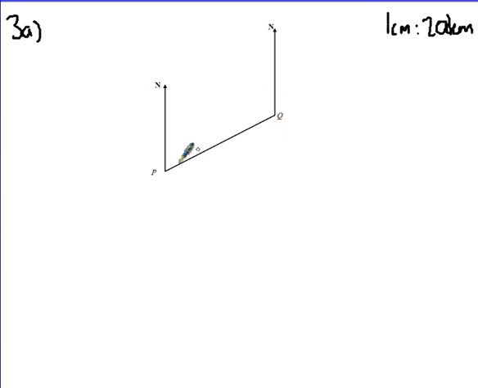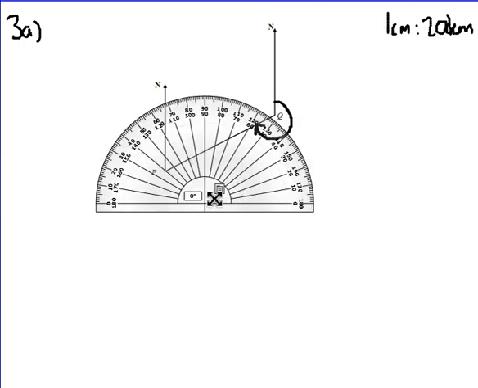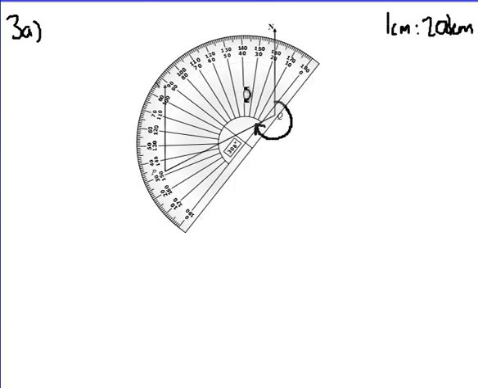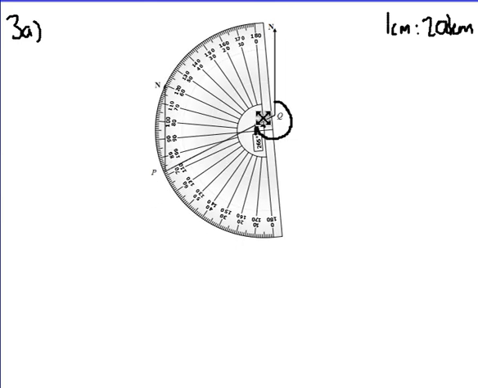So from here to here. Well, the bearing is to the north, and it's all the way around here because it's clockwise. So from the north, clockwise measurement. So we get a protractor, and we already know that's 180 turn.